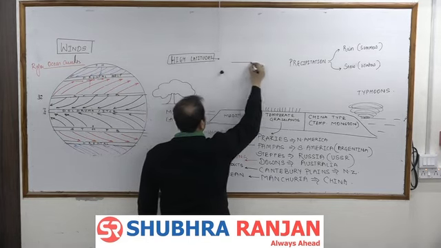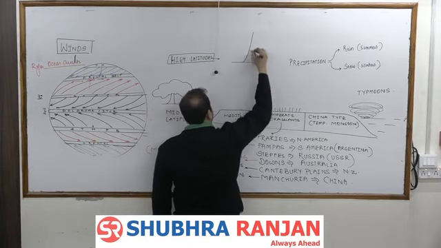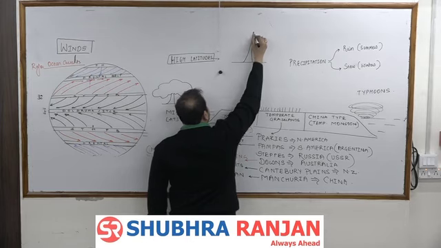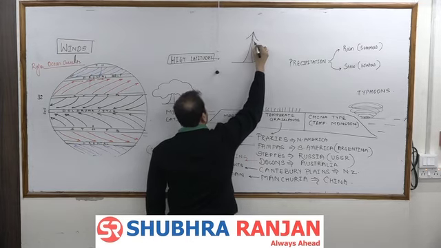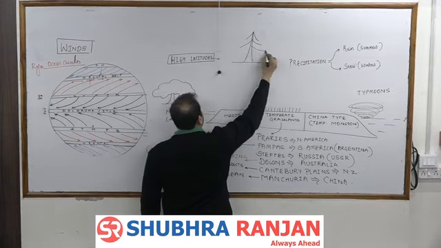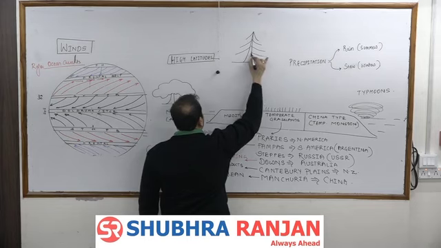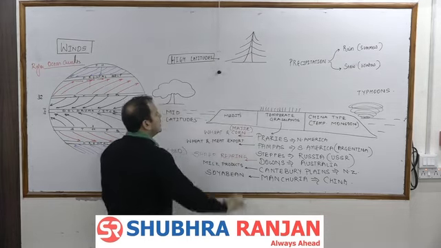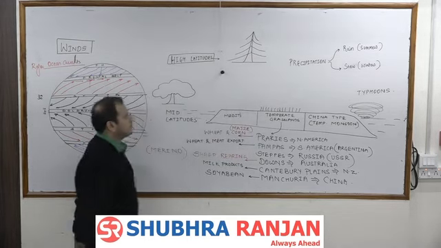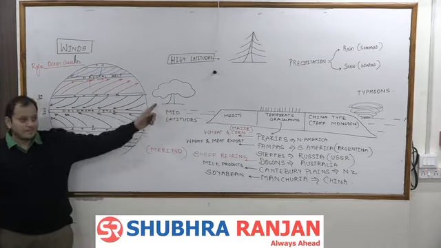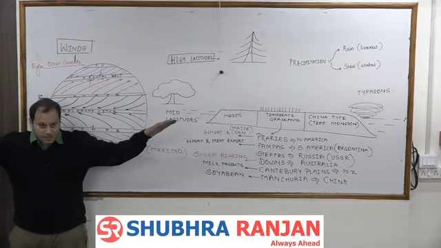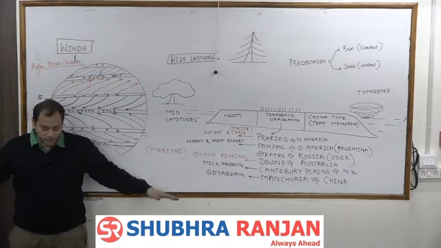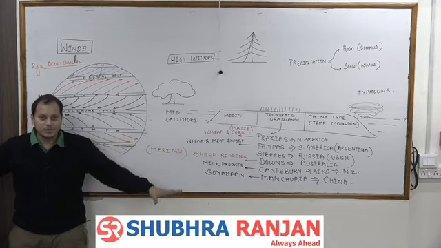The trees in the higher latitudes are conical in shape. Why are they conical in shape? So that whenever there is excess snowfall, the flexible branches will stoop down and the snow will fall down.